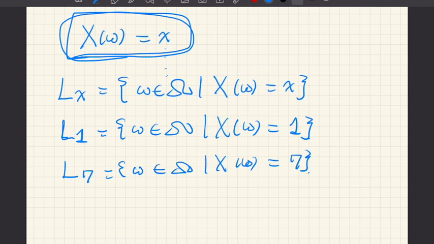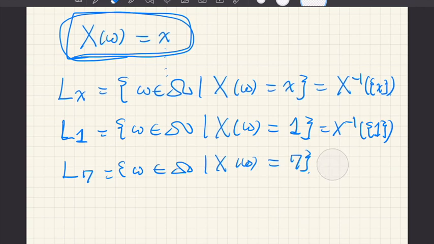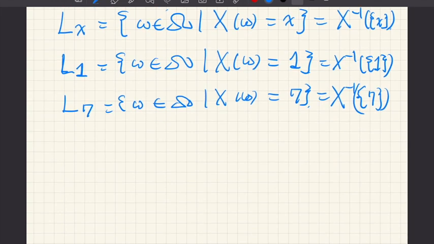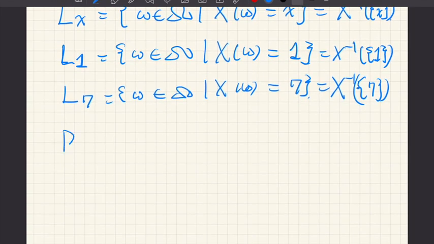Okay, so to use the notation we defined previously, we can write this as X inverse of x. So X inverse of 7. Then we can calculate the probability of this.